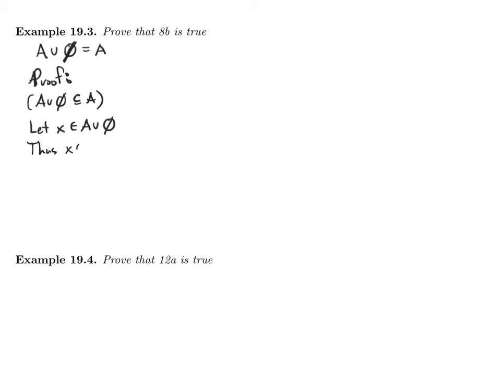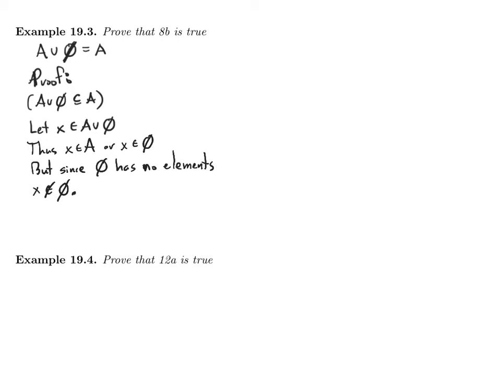thus X is either in A or X is in the empty set. But can X be an element of the empty set? Of course it can't. Since the empty set has no elements, that's the definition of the empty set, we know that X can't be an element of the empty set.